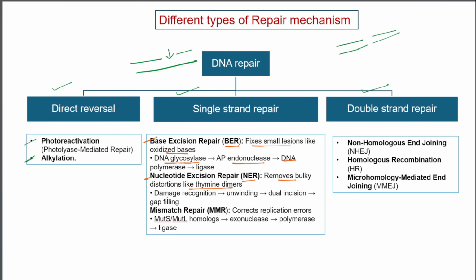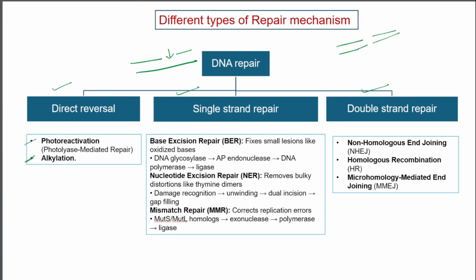The damage is first recognized in the DNA, then unwound, followed by dual incision and gap filling. And then there is mismatch repair, that is MMR, that corrects replication errors. This repair system uses MutS, MutL, a homologous endonuclease, polymerase and then ligase. In double-stranded repair systems, there are non-homologous end joining, homologous recombination, and microhomology-mediated end joining.